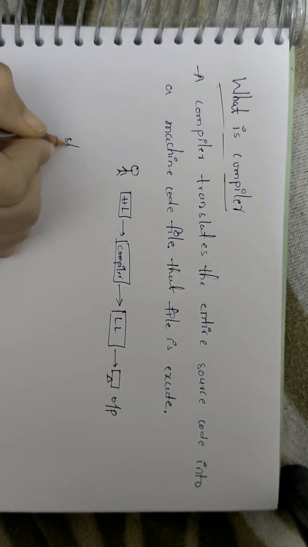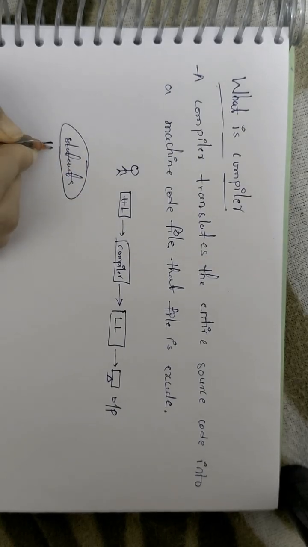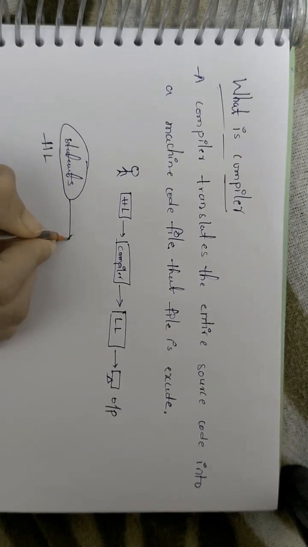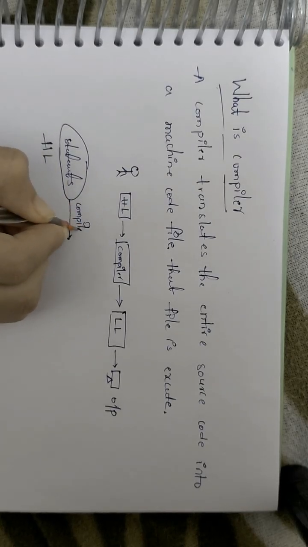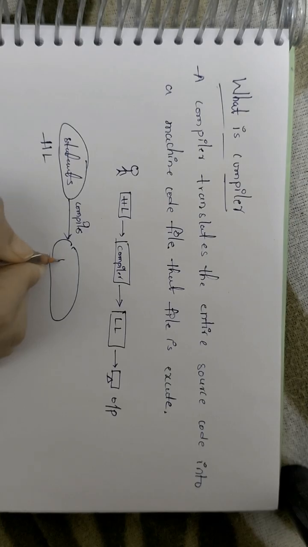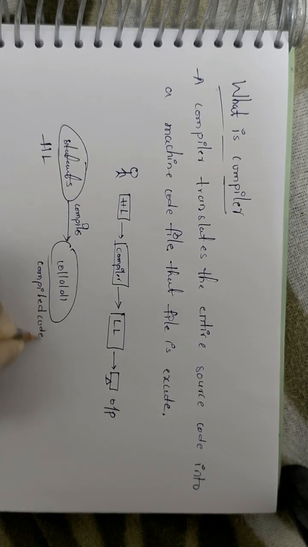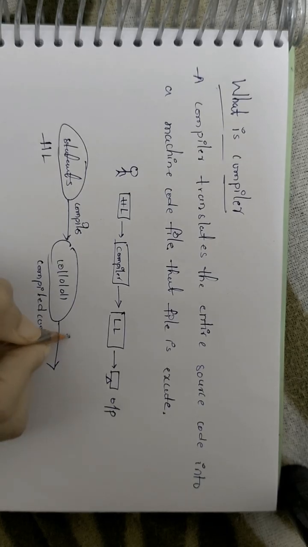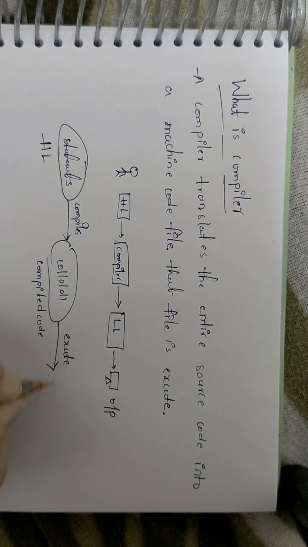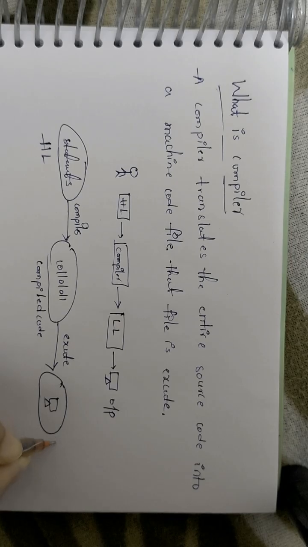So you are writing your statements here, and these statements are called high level programming language, and it compiles, and after that this high level code is converted into ones and zeros, meaning binary code. This is also called compiled code. This binary code will execute and go to the system, then your system will give the output. So this is the compiler.